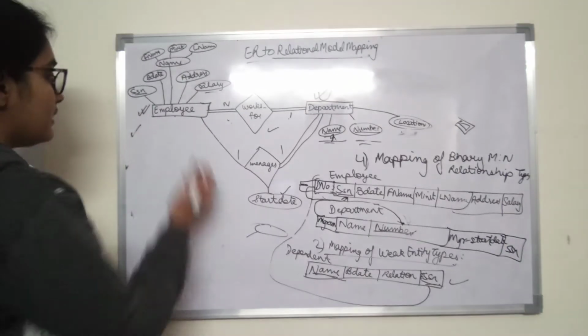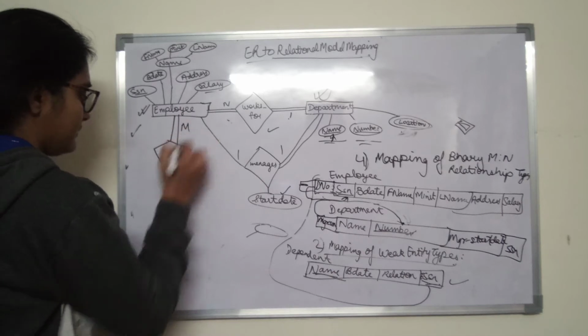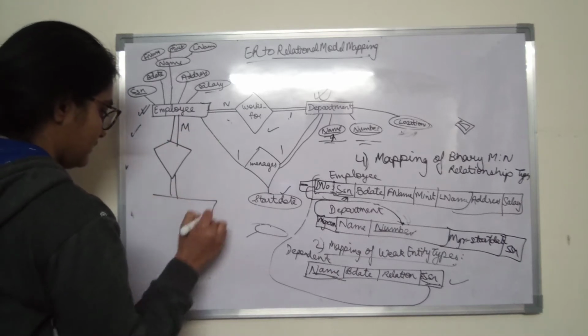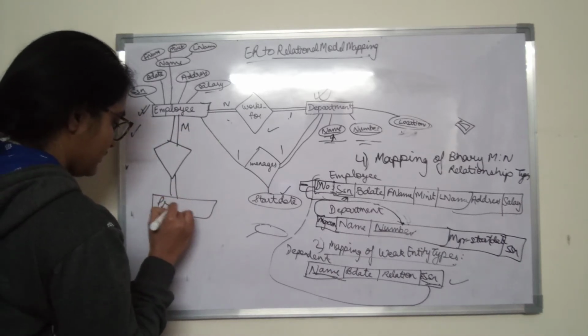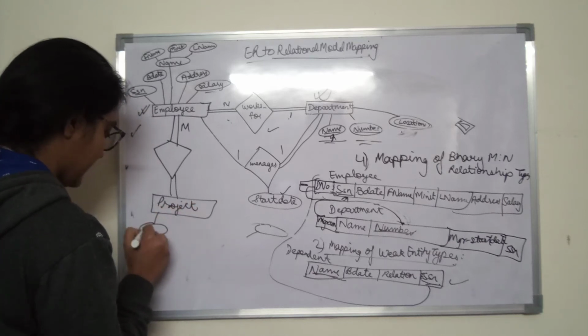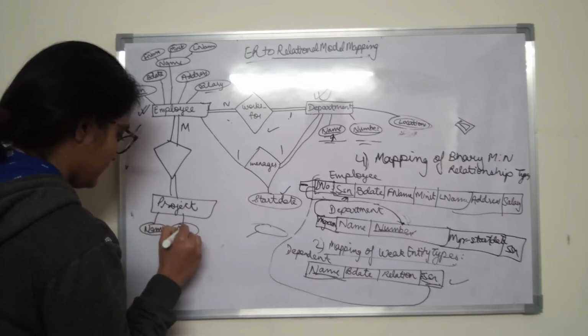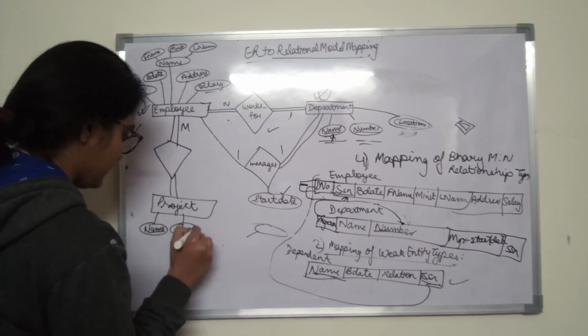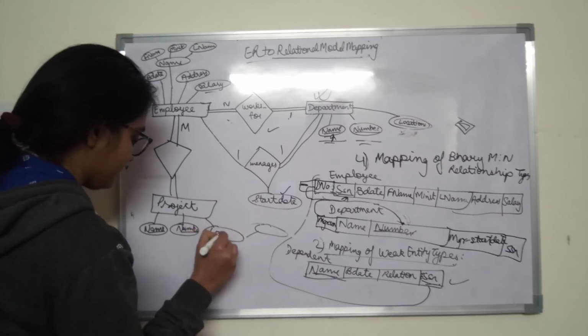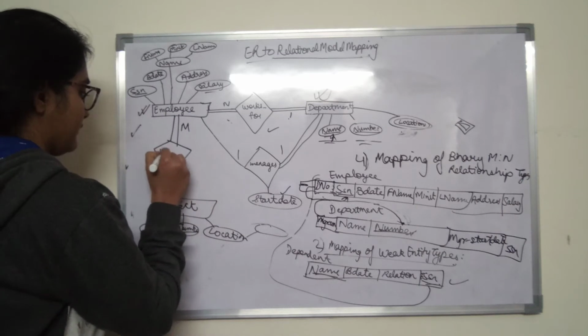So this is the relationship type, with project, name, number, location, works on.